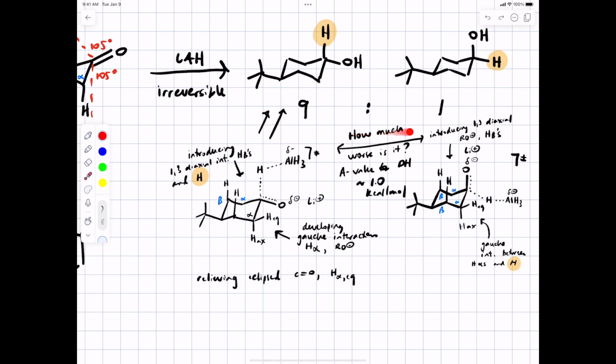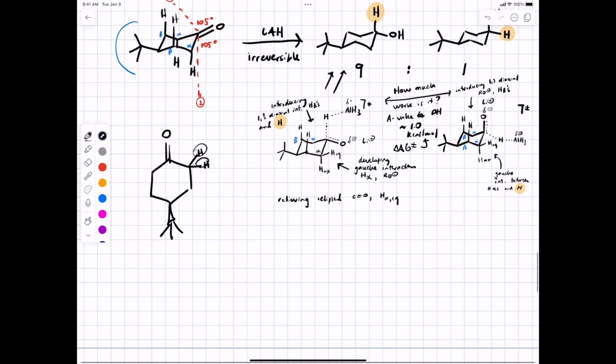So we've got almost 10, a little bit less than 10, preference for this transition state over that transition state. That's pretty consistent with a difference in free energy between the two transition states being around a kilocalorie per mole, and being because of this steric reason. There's an alternative explanation, though, that has to do with electronics and likely contributes as well. But before we move on there, anything you want to ask about the steric issue?